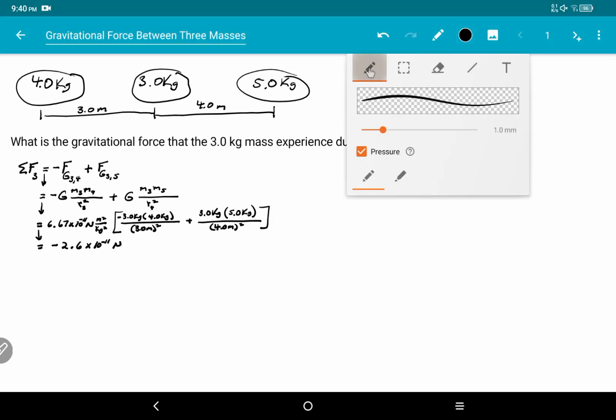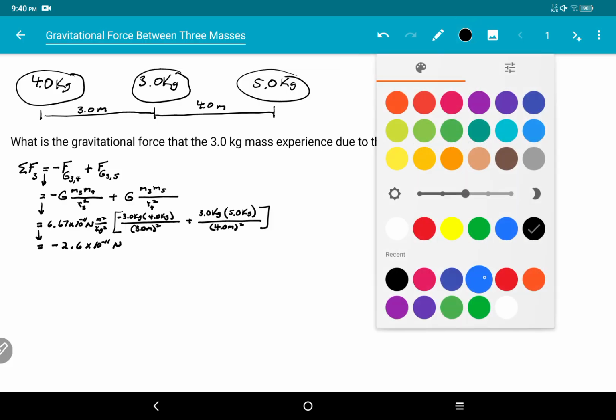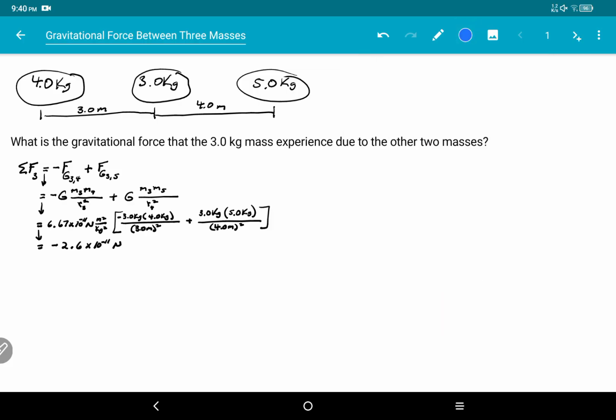Get my pen back, and let's do this in a different color. How about blue? All right, so in this case, we'll look at the 5. And if we were to unpin the 5, it would drift to the left due to the 3.